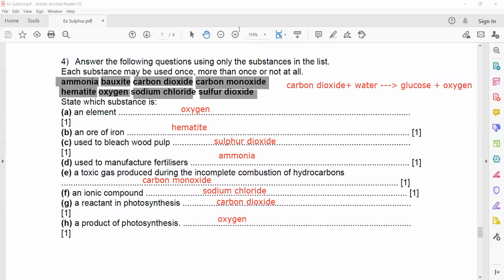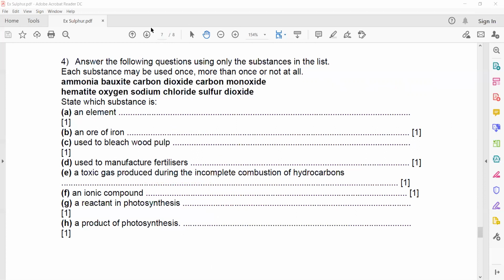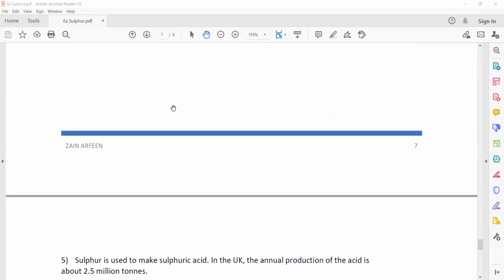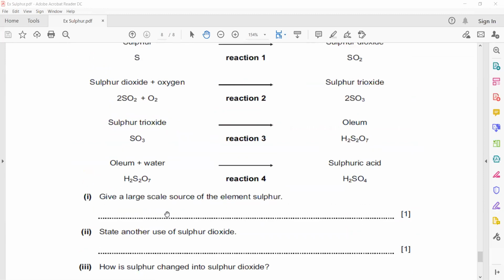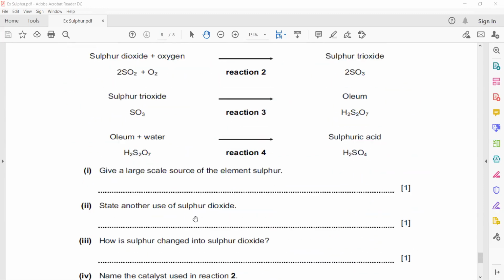This is question number 4. And then question number 5, part A. State the large scale source of the element sulfur, like from where we can get sulfur.